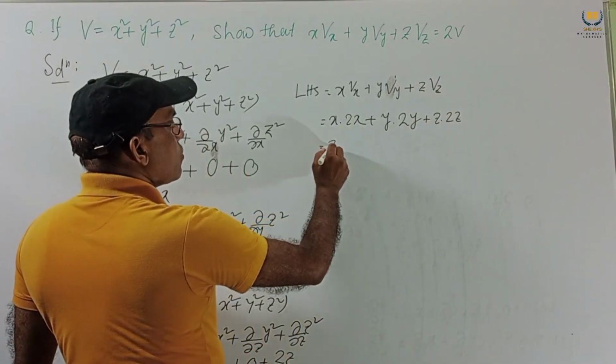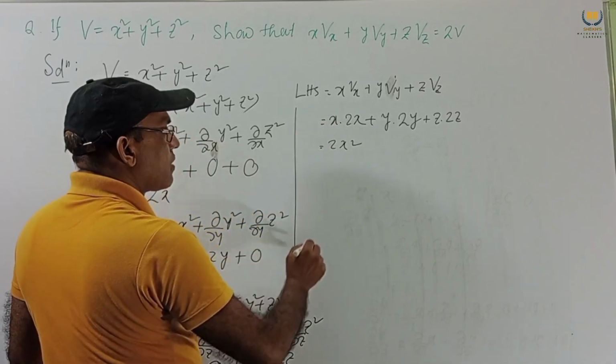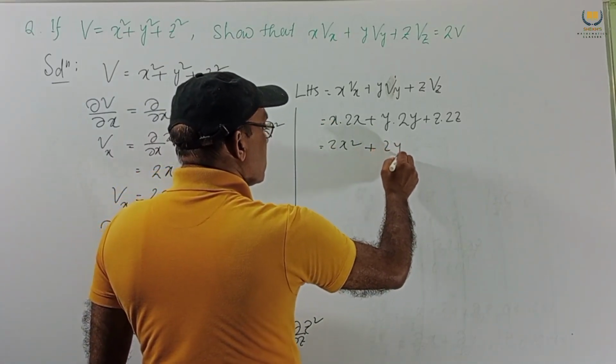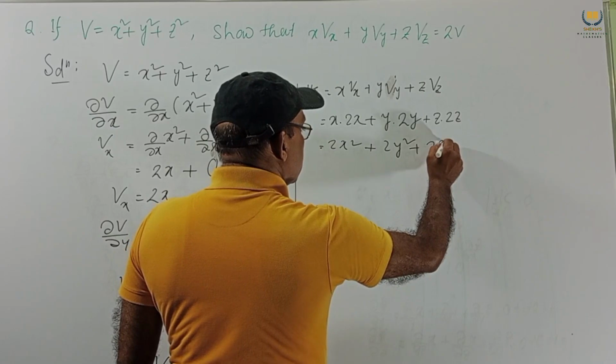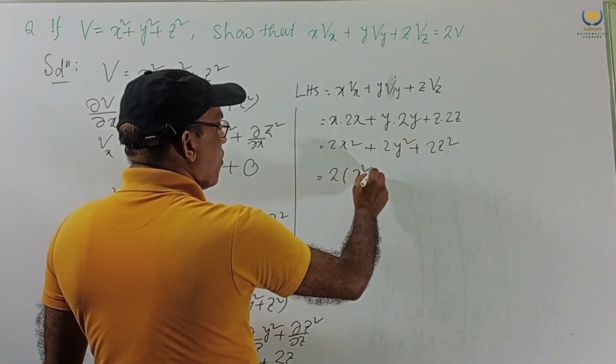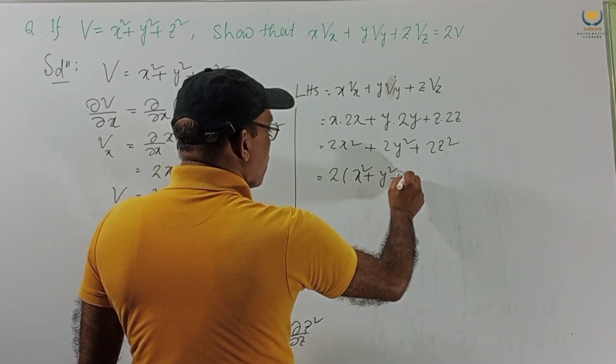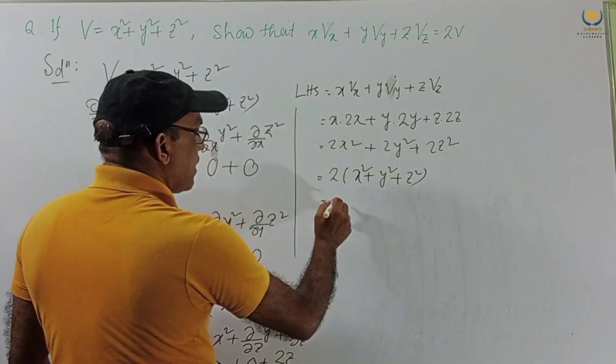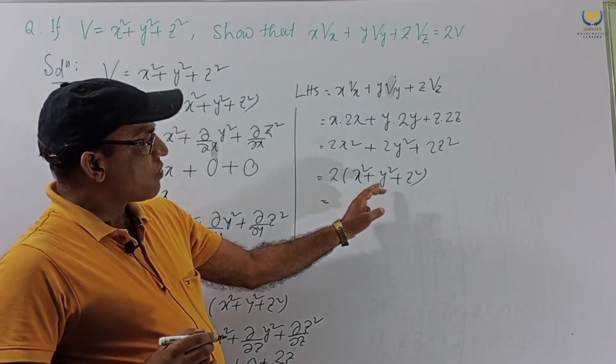So we get 2x square plus 2y square plus 2z square, and taking 2 common, x square plus y square plus z square.